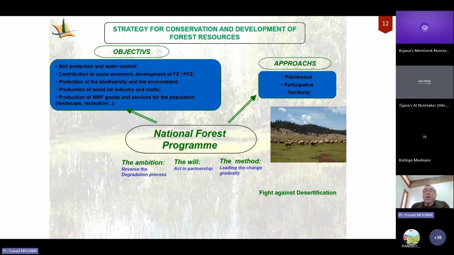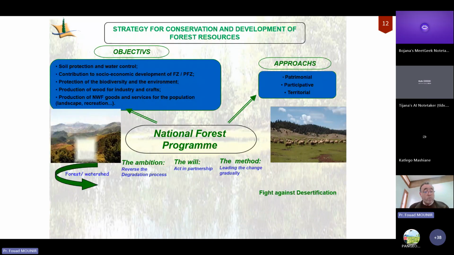That means taking some specificity of the territory, and it has as ambition to reverse the degradation process, to go toward development. The willingness is to act in partnership with the local population, and the method is leading the change gradually, not brusquely.